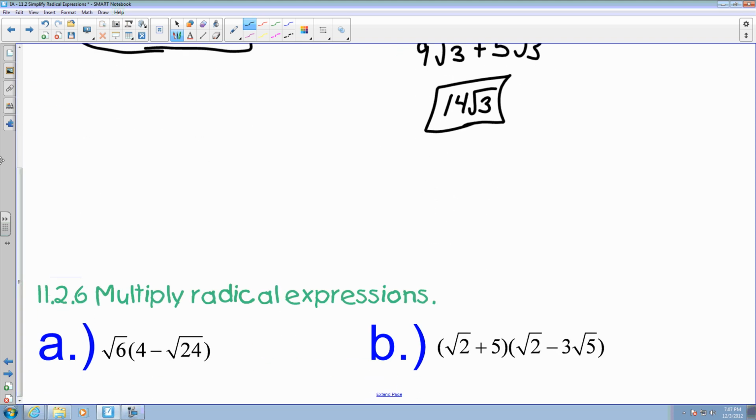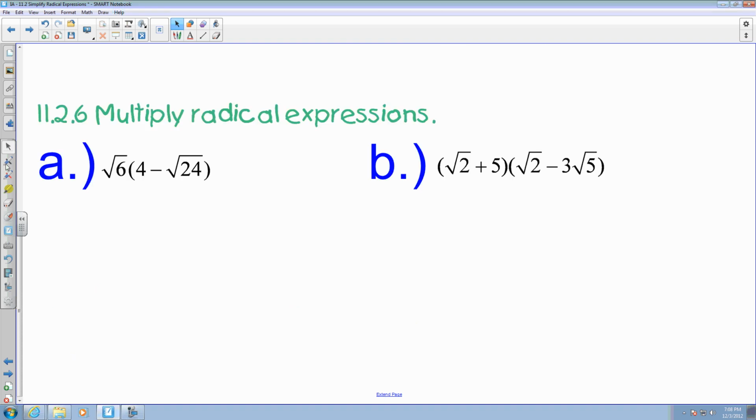Last thing here is being able to multiply radical expressions. For A, I have the square root of 6 times the quantity 4 minus the square root of 24.